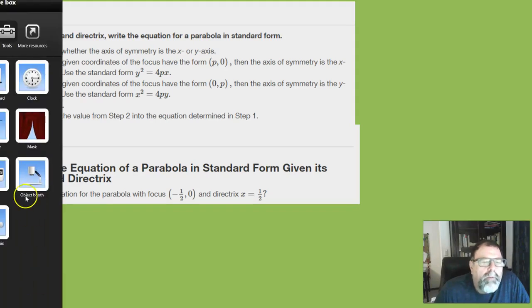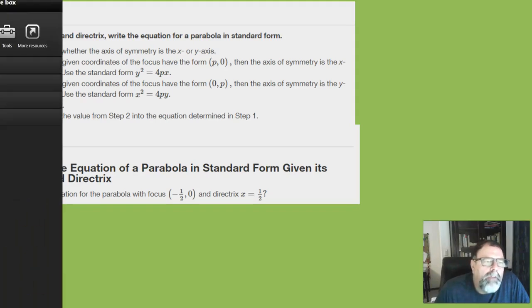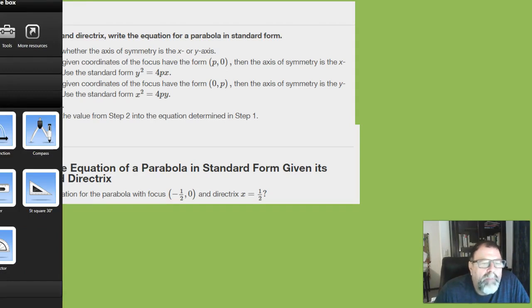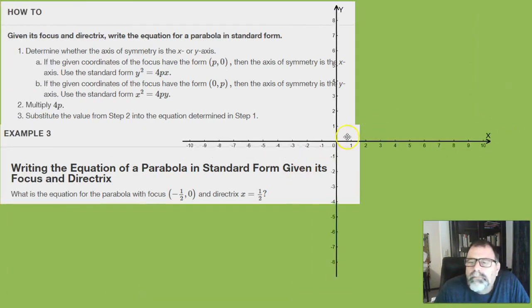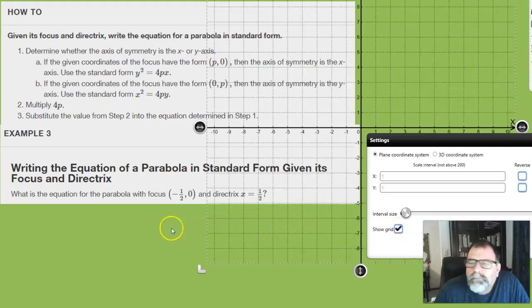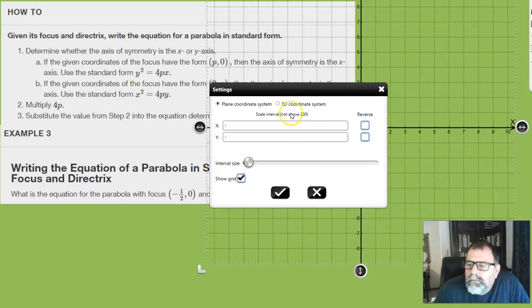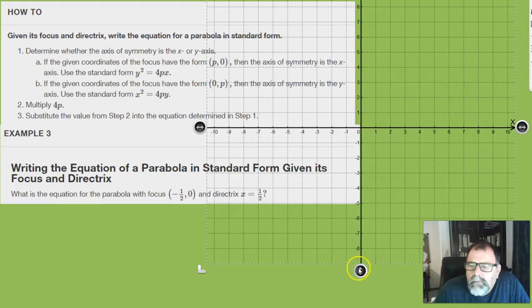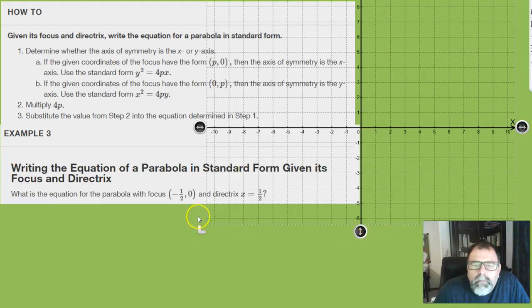Okay, I like to do a rough sketch, or if you have graph paper handy, maybe I do it on graph paper. So let me do this real quick. The focus is negative 1/2, 0.